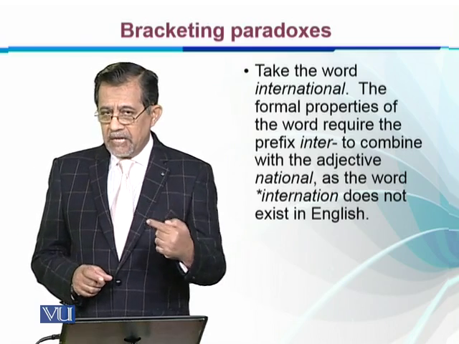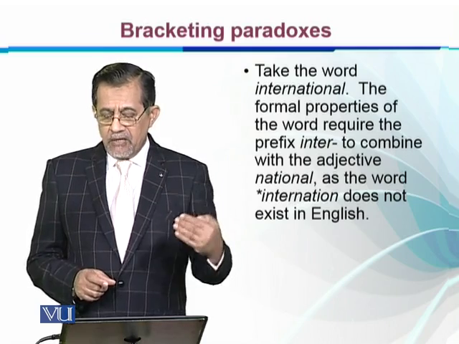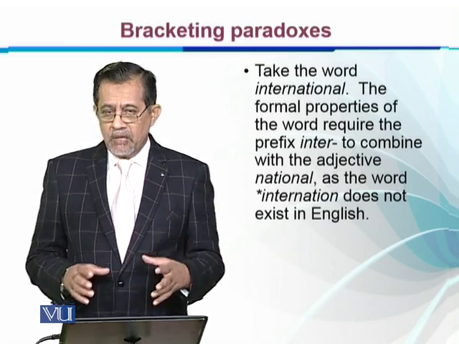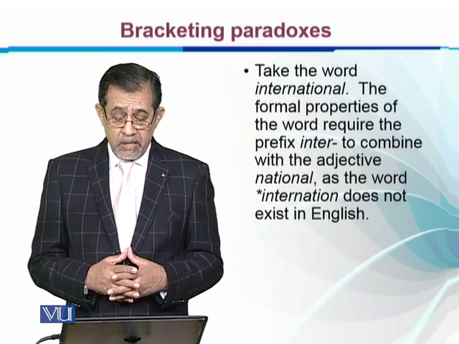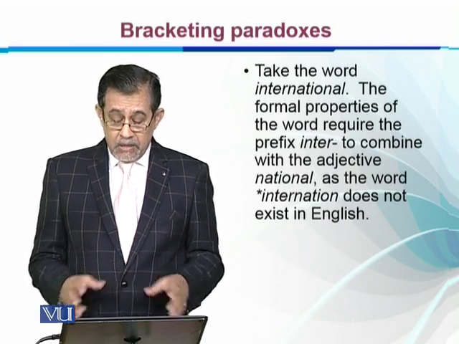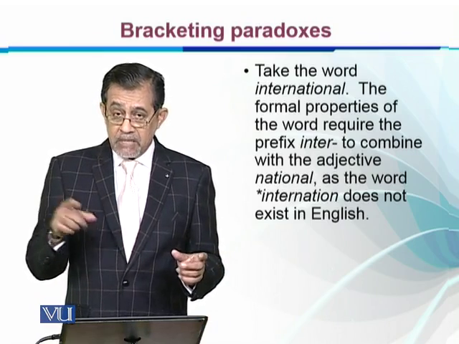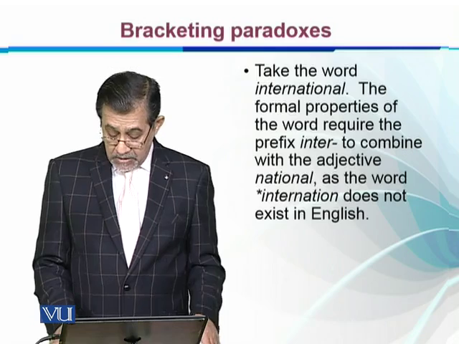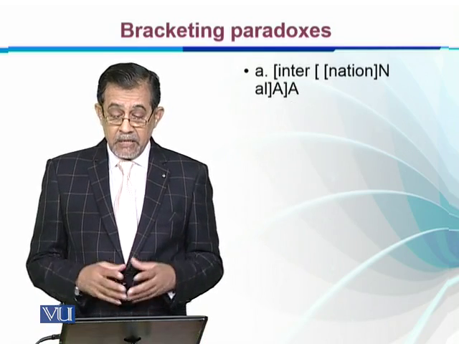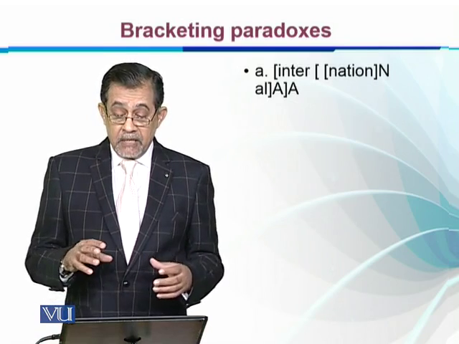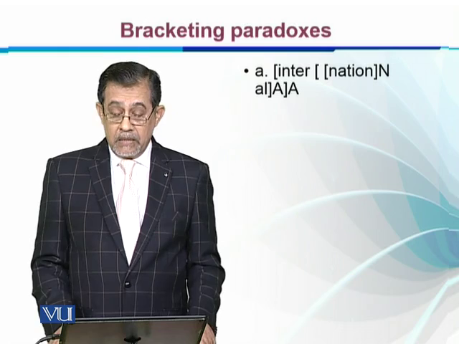So it means that first the prefix inter combined with nation, whereas we know that internation is no word in the English language. It means that it combined with not nation but al first. That is a paradox.